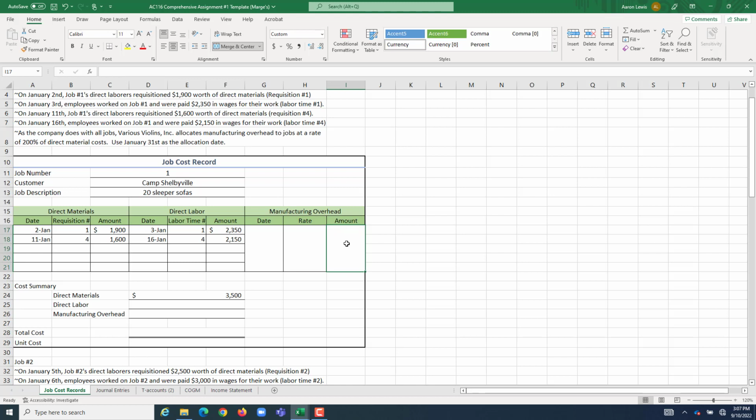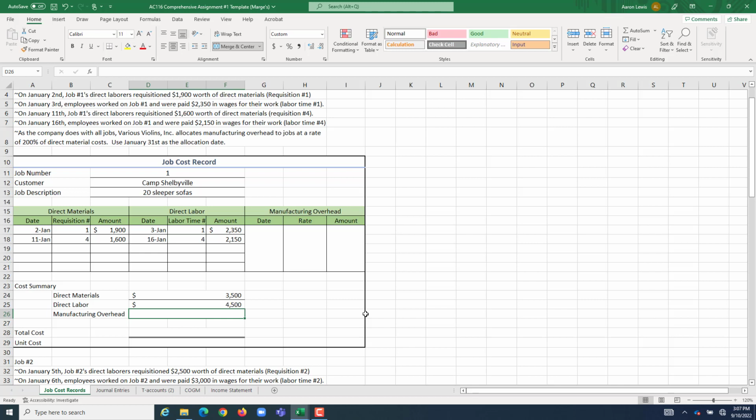For direct labor, we had workers work directly on this job and earned $2,350 on January 3rd and another $2,150 on January 16th. That is a total of $4,500. That's 2 of our 3 cost components for this particular job.